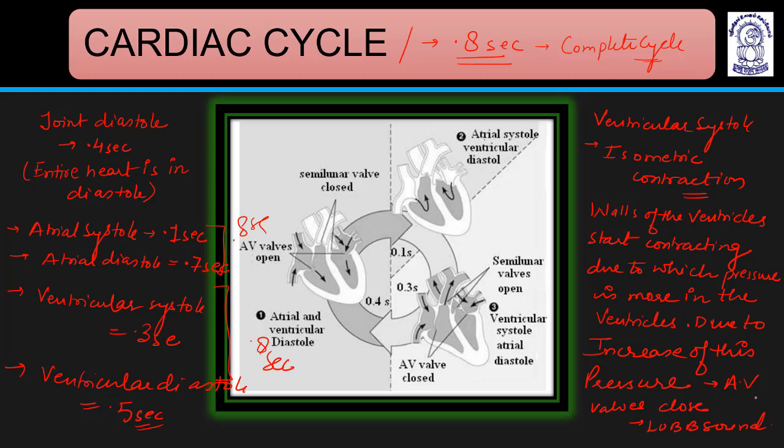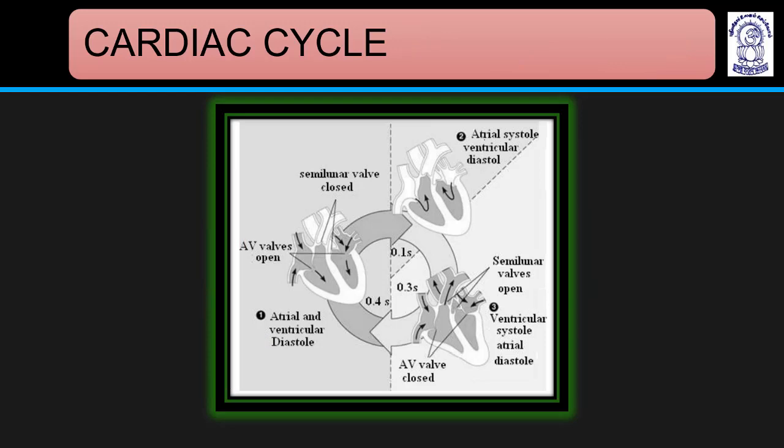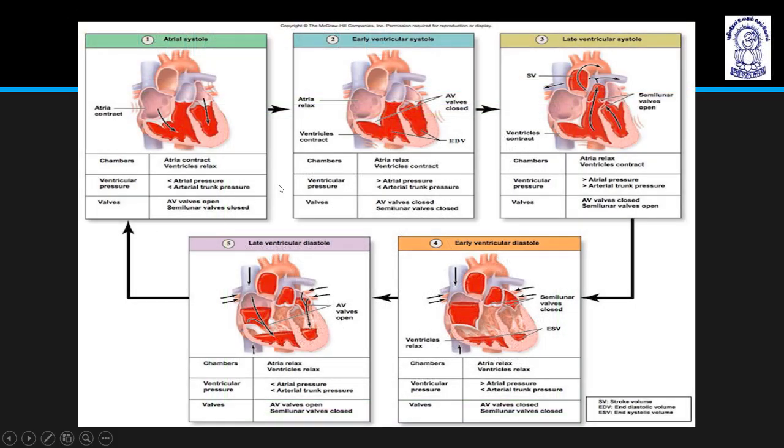After this isometric contraction in ventricular systole, it is followed by the period of ejection. So here is a picture. You can see the ventricular systole. This is the early ventricular systole, and this is the late ventricular systole.